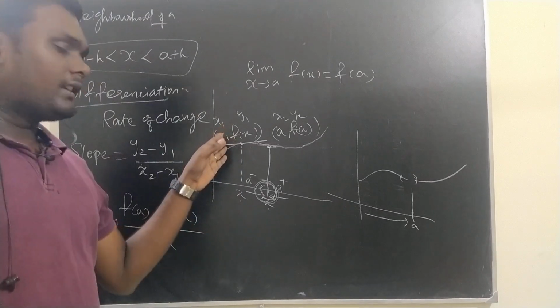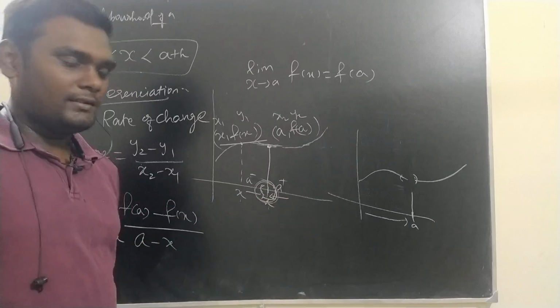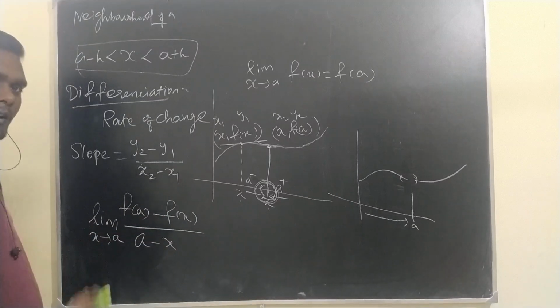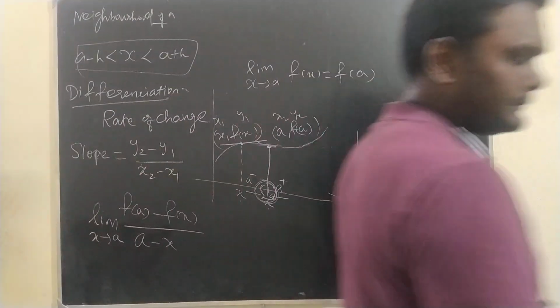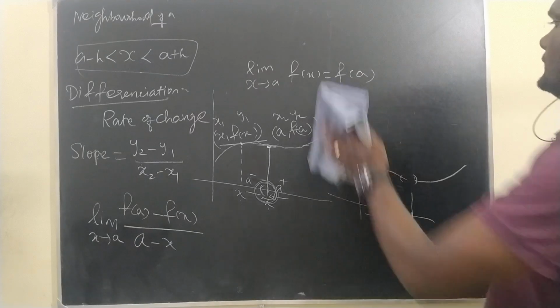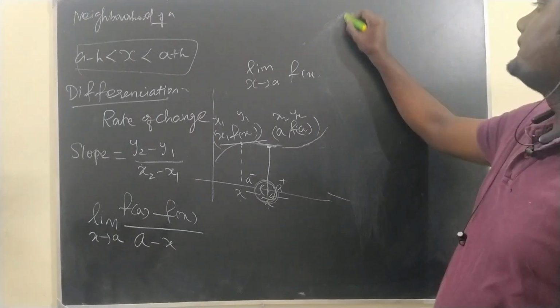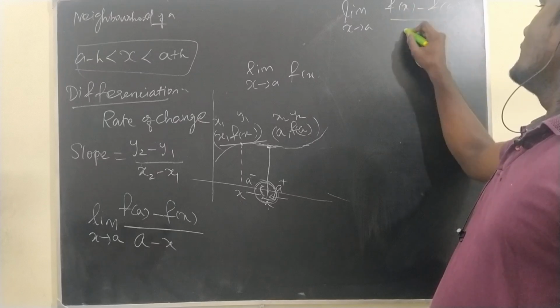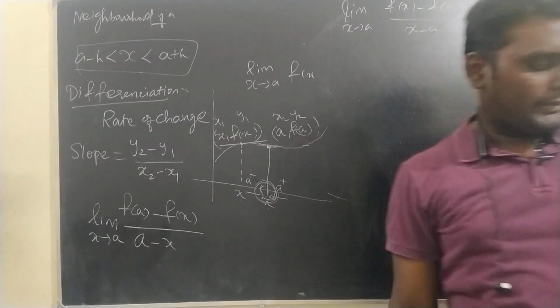Instead of taking x and f of x here, if I took the other side, or else from this itself you take the minus out from the numerator and denominator, what will we get? We get the limit as x tends to a of f of x minus f of a divided by x minus a.